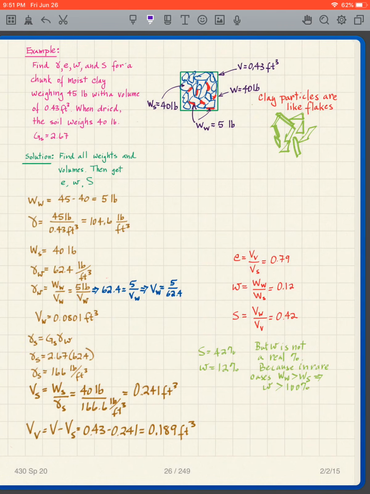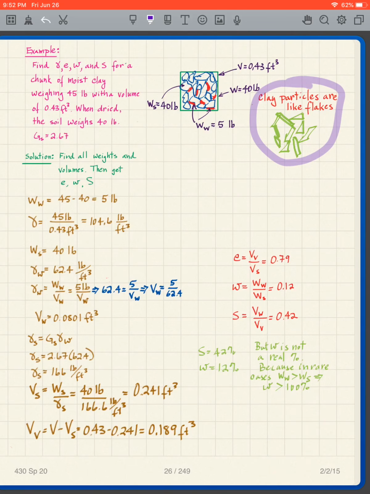Let me just say that one of the things we find is that clay particles and silt particles are not like sand and gravel particles. Sand and gravel particles are like little rocks. That's an easy way to think of it. I just want you to know, and we'll talk more about this when it becomes more important, that clay particles are more like flakes.